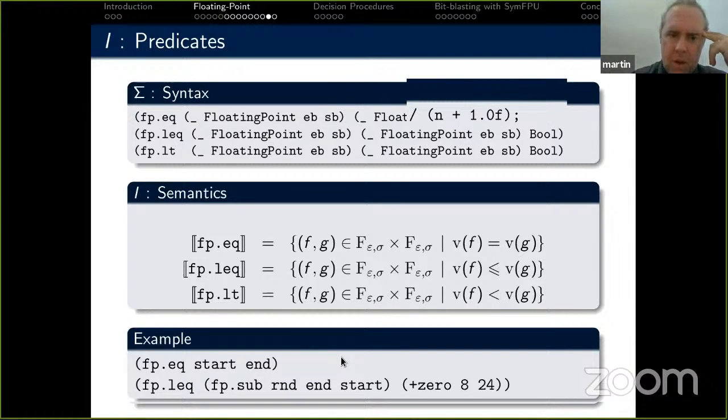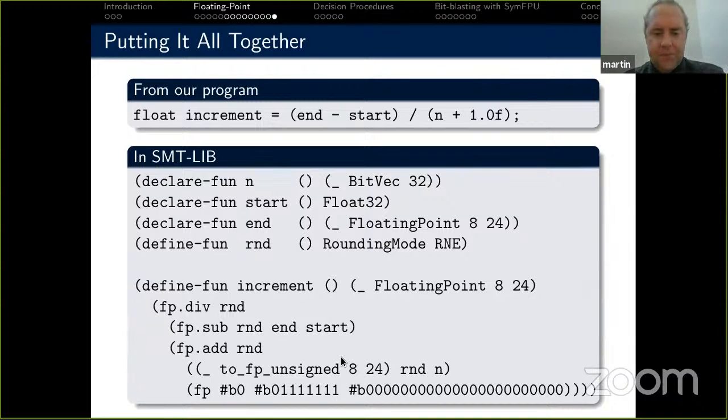So putting it all together, from the program we have this, which is quite key. It's working out how big our increment is: end minus start, divided by n plus 1, plus a floating point 1. So it's a floating point divide.